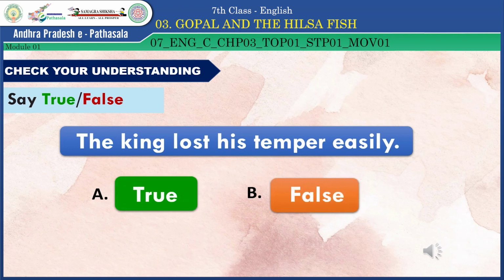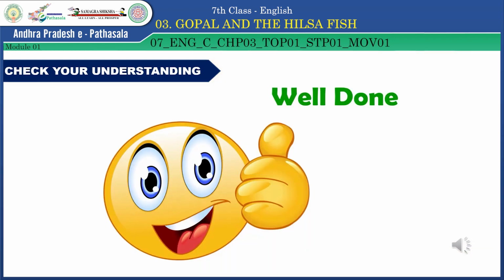Check your understanding. Say true or false. The king lost his temper easily. Option A, true. Option B, false. Good going. Congrats.